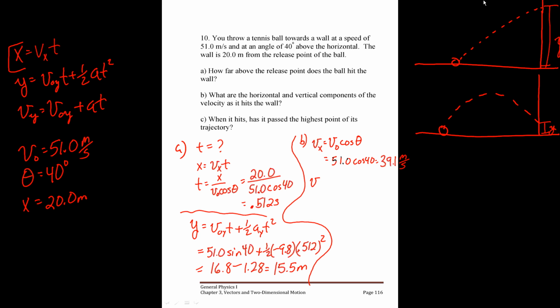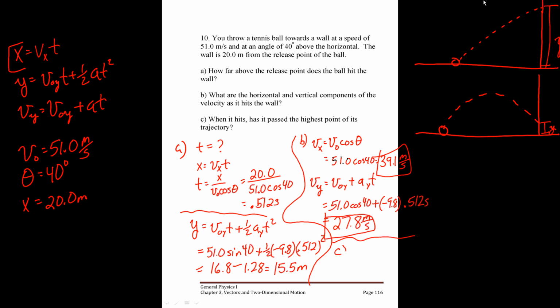And then Vy, it does change. It's going to be V0y plus a_y t. It's going to be 51 sine 40 plus minus 9.8 times my t, which is 0.512. That gives me a Vy of 27.8 meters per second. So this is Vx and Vy.